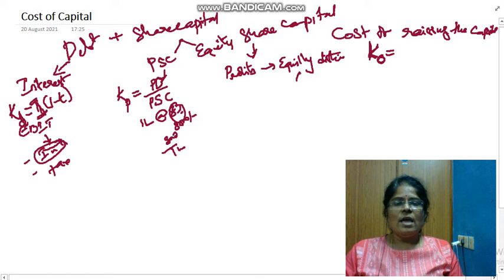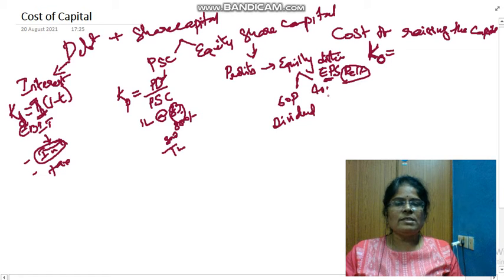The whole profit is not paid in terms of the equity shareholders' dividend. That profit share on each equity share is what we name earnings per share. Let us assume the earnings per share is 1 rupee. But this whole 1 rupee is not paid to the equity shareholder. They may pay only 60 paisa as dividend.